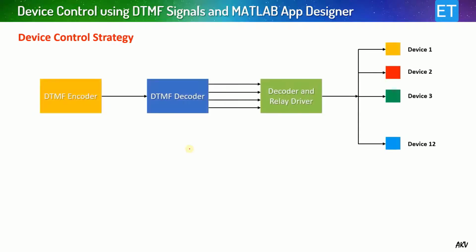So this is the overall procedure by which we will switch on or off n number of devices. Here, this is our DTMF encoder which will generate the DTMF signals. When we press a key on the keypad such as 1, 2, 3, a corresponding DTMF signal will be generated here.